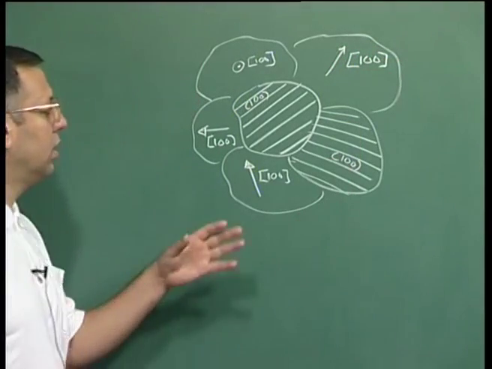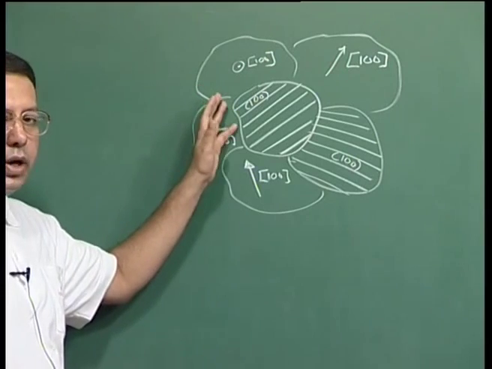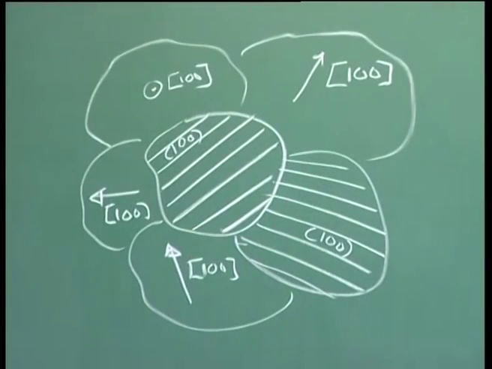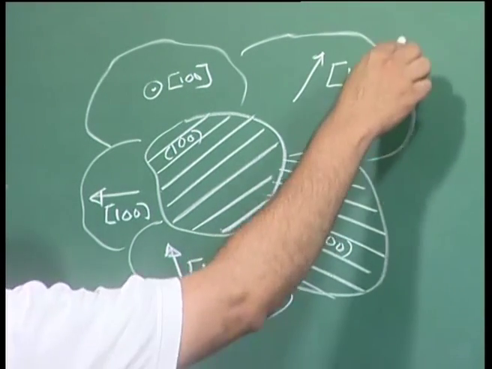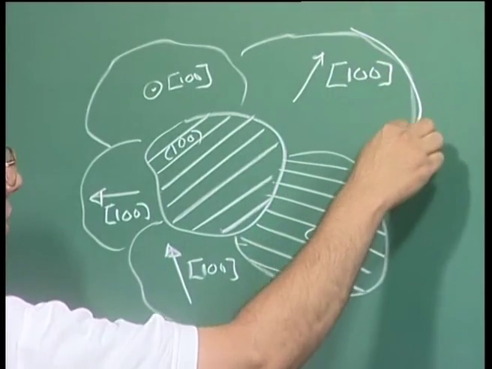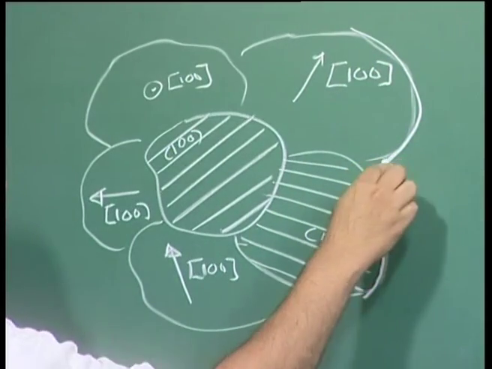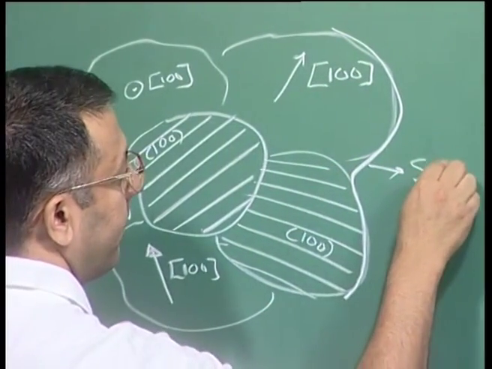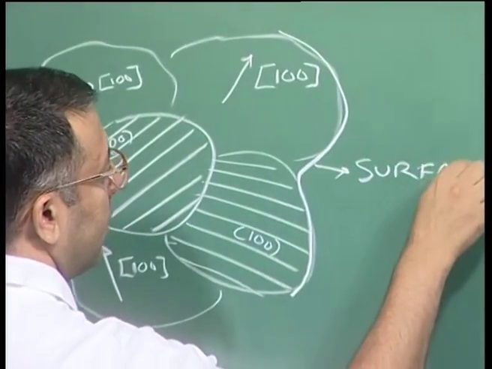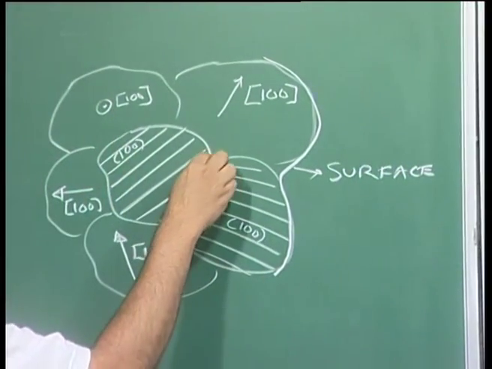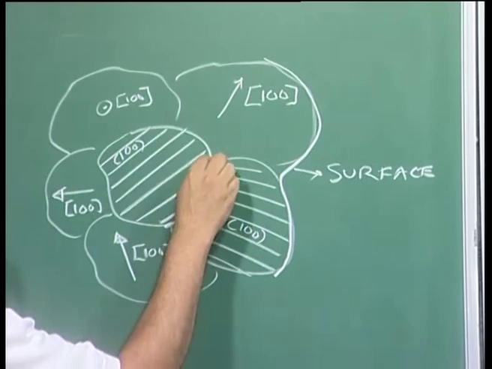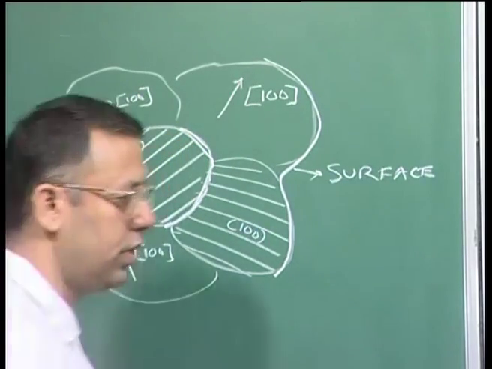In other words, each one of these crystals is oriented differently with respect to its neighbors. And therefore the alloying element I add, if it is not soluble within the crystal, can either go to the free surface, assuming this is now my free surface, or it could get into the grain boundary region.